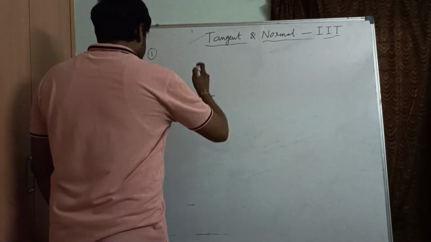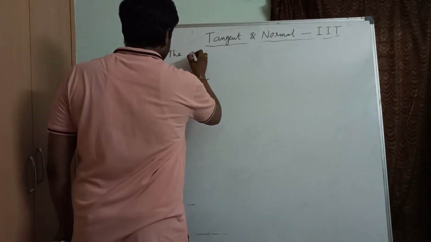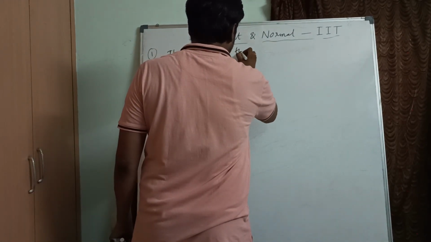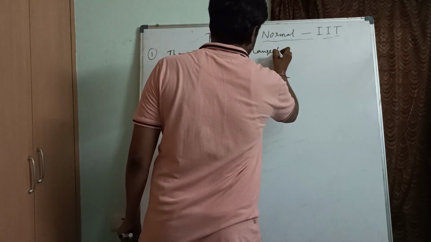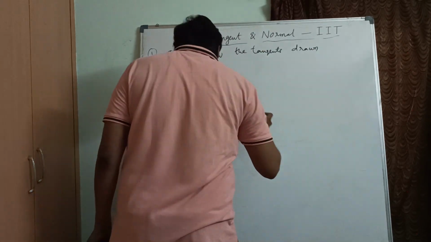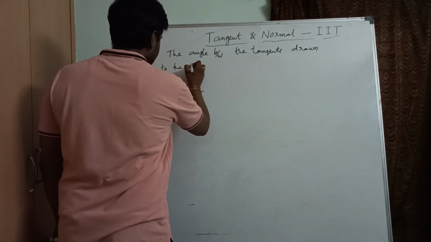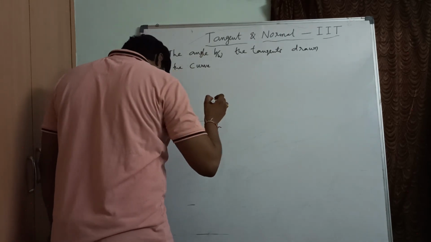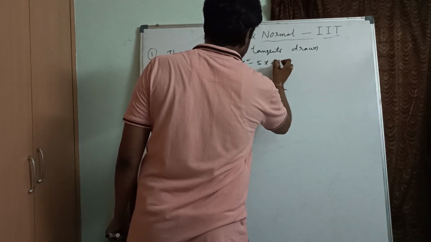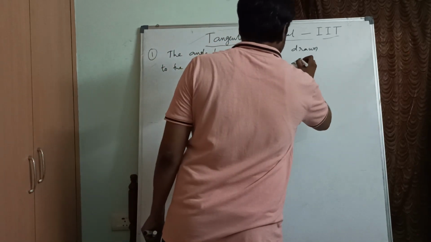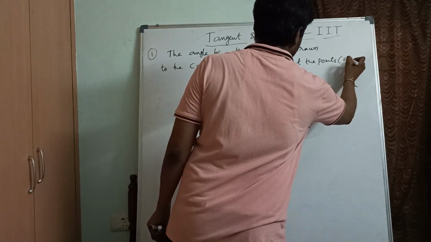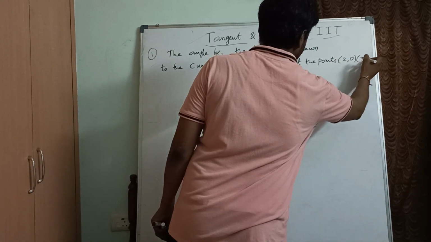In this, the angle between the tangents drawn to the curve y equals x square minus 5x plus 6 at the points (2, 0) and (3, 0).